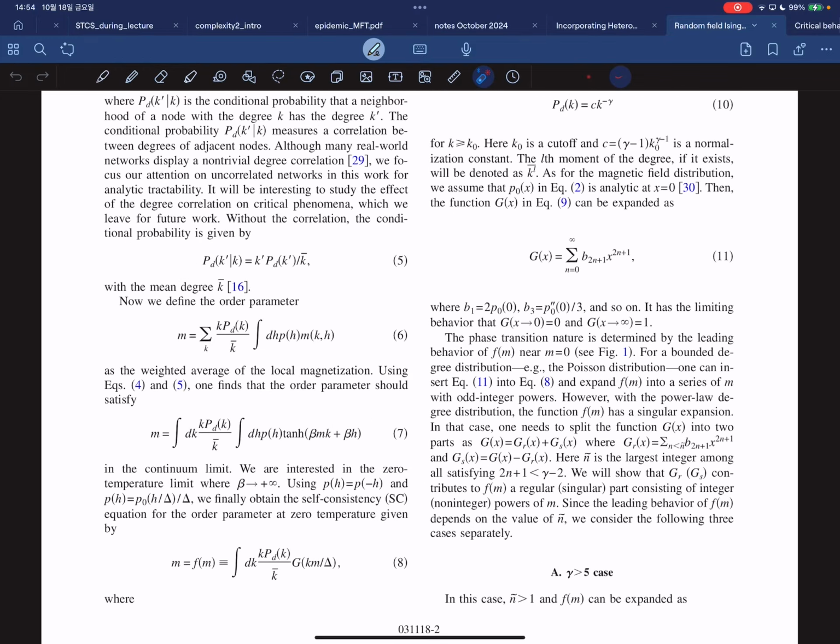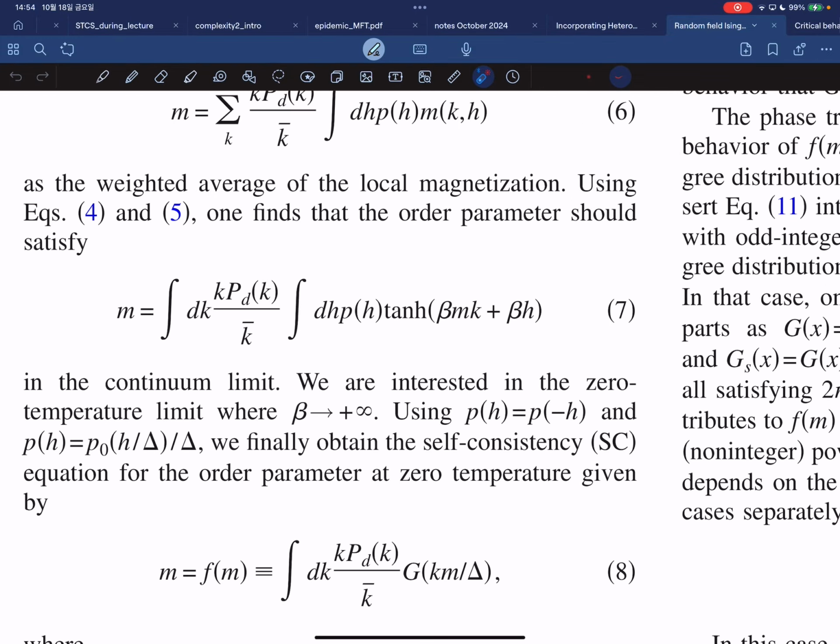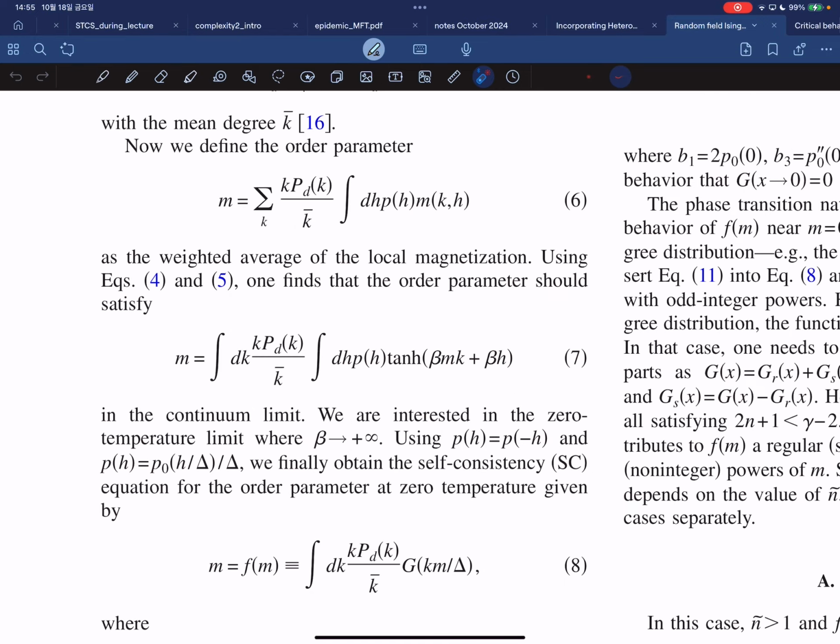In this paper, the functional form of this self-consistency equation is much more complicated because of the non-trivial distribution of h and the degree. The basic formulation is the same. M is equal to hyperbolic tangent of something involving M. So quite similar.